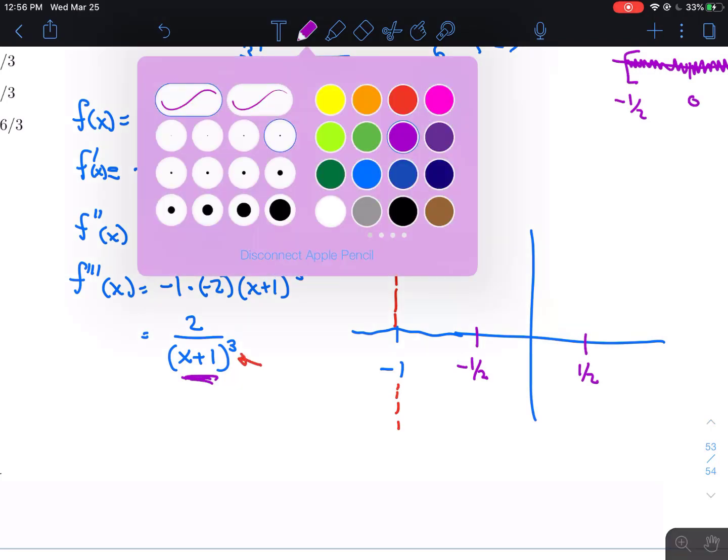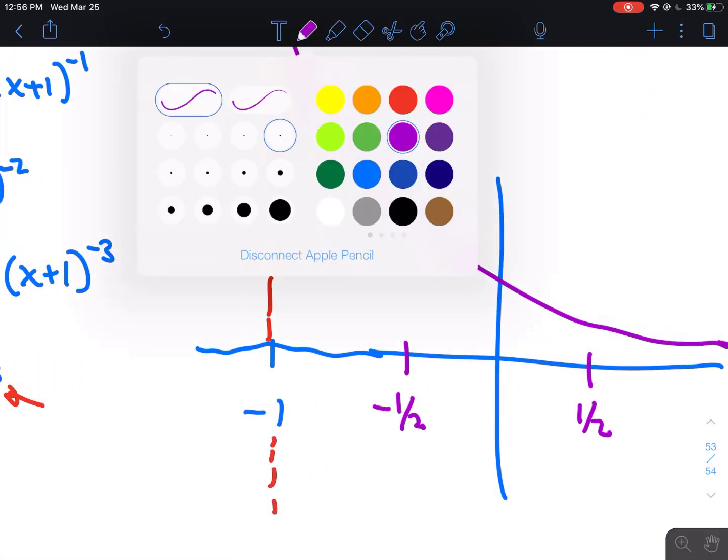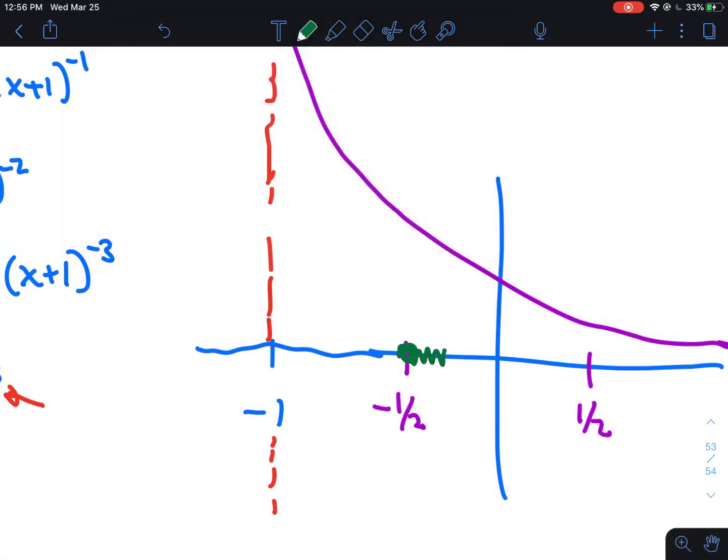So if I was to do a sketch of this, we'd get something like this. And then down here you'd have the other piece, but we don't really care about that. We only care about this interval from negative 1/2 to 1/2. And you can see this one's a little bit different than some of our previous ones. It's actually a decreasing function.